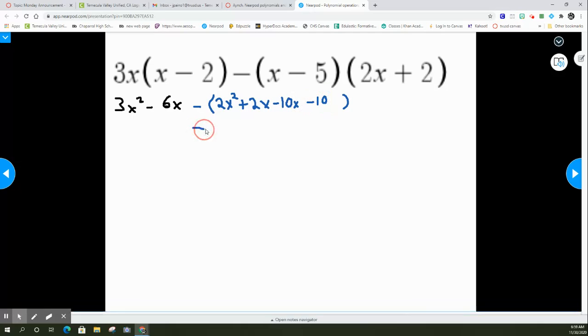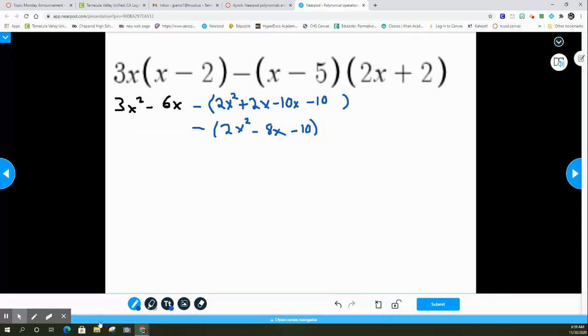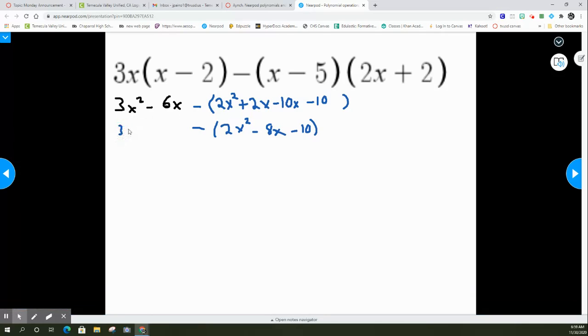All right, so if I just combine everything in here, simplify this first, 2x squared minus 8x minus 10. All right, and then this just comes straight down, 3x squared minus 6x.